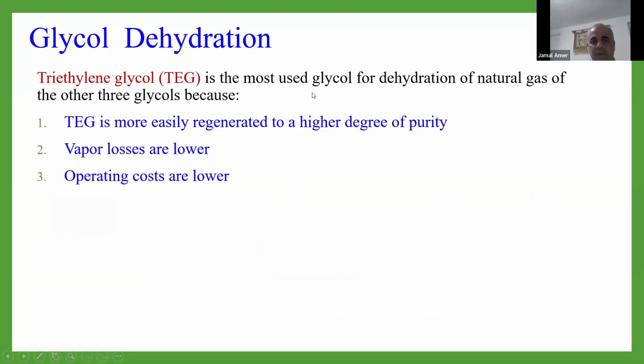Triethylene glycol is the most used glycol for dehydration of natural gas because it is easily regenerated to a higher degree of purity. Vapor losses are lower, and operating costs are lower.